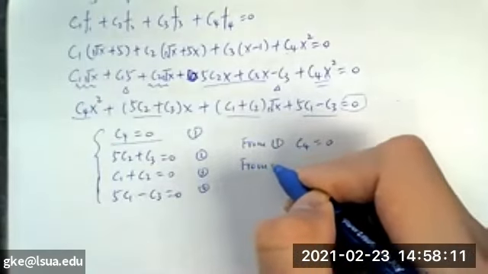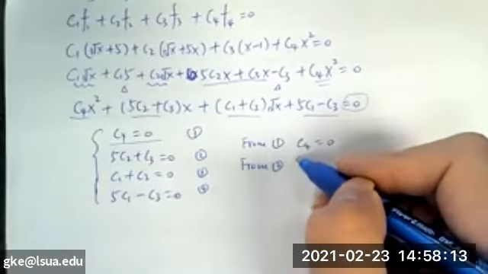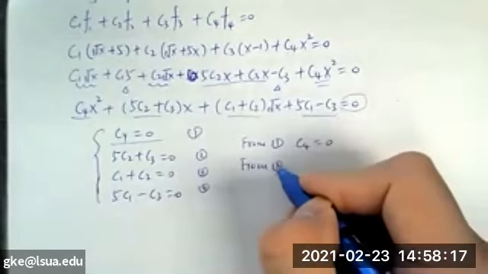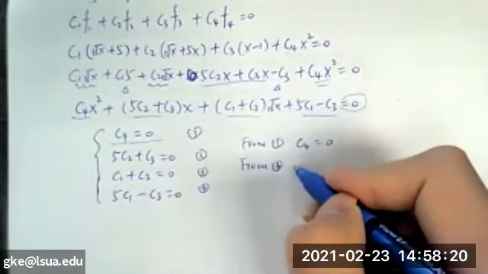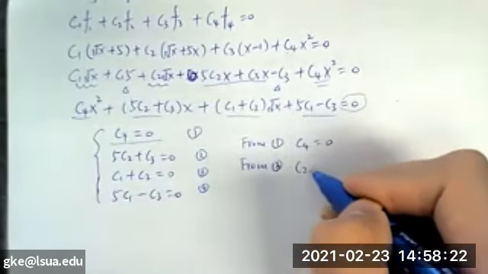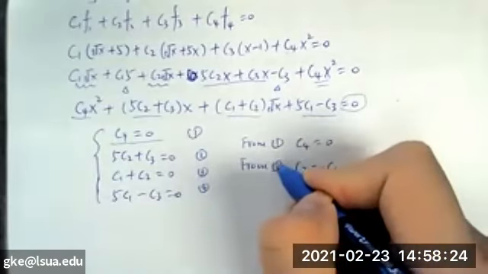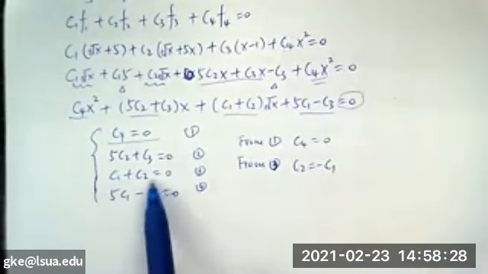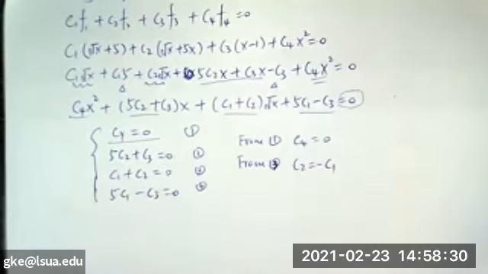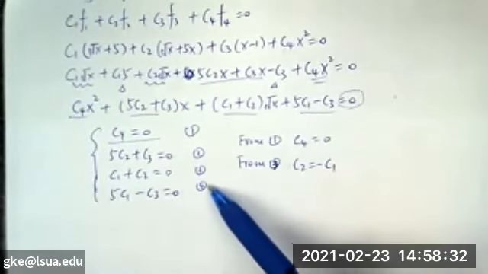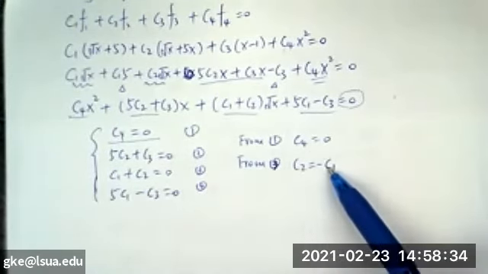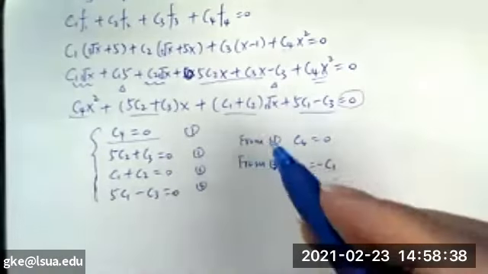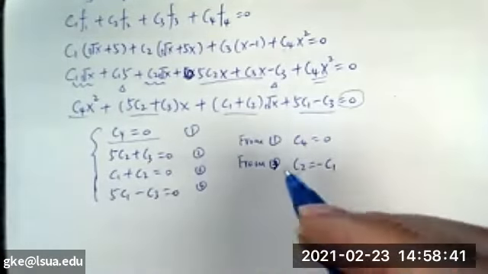From equation 3, for example, we know C2 equals negative C1. And then you can plug C2 equals negative C1 into equation 2.